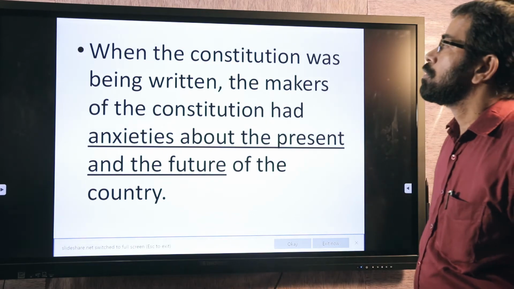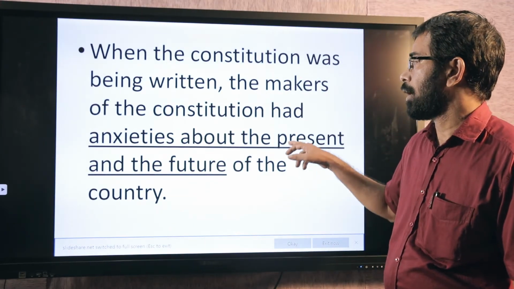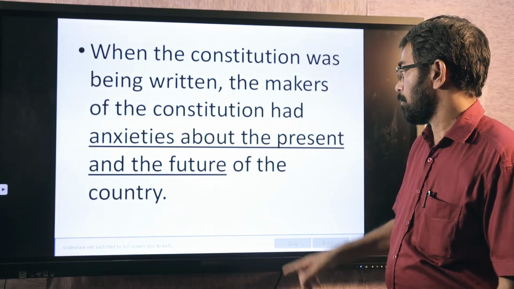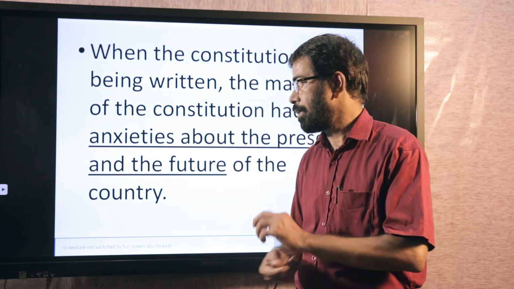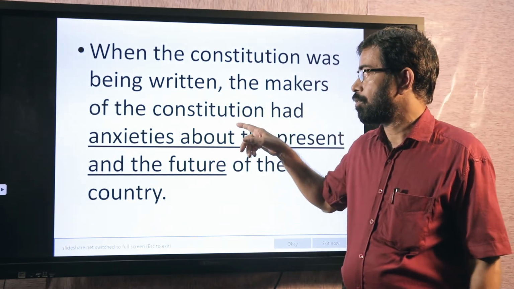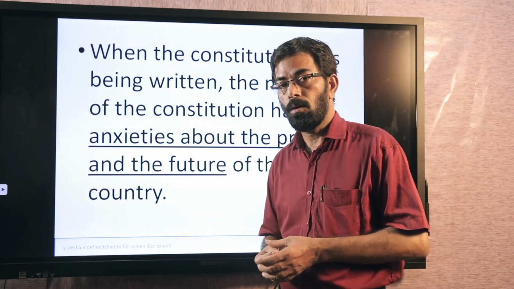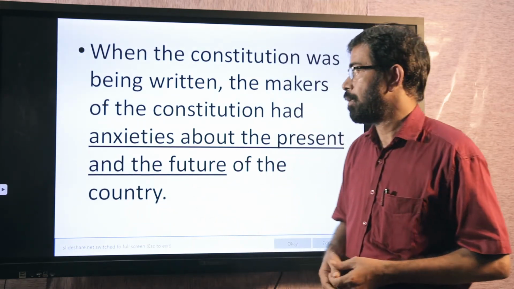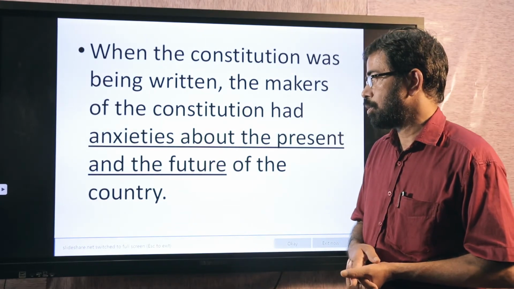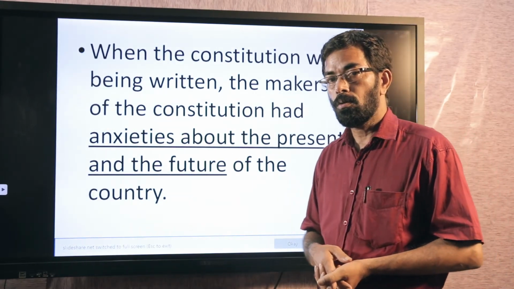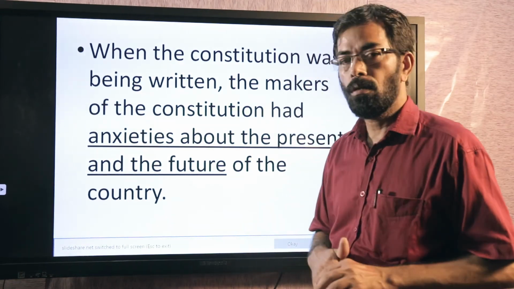When the Constitution was being written, the makers of the Constitution had anxieties about the present and the future of the country. Definitely, when the Constitution makers were on the path of framing the Constitution, they were full of anxieties and worries because they had no specific idea about India's future.